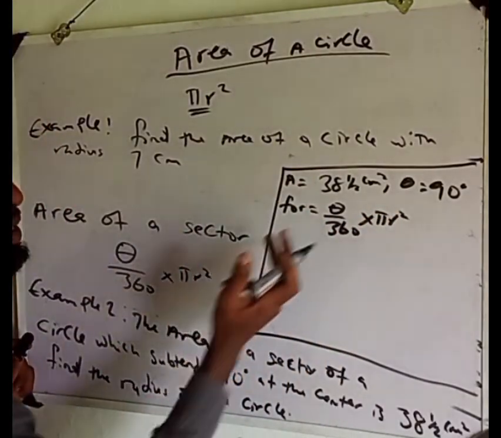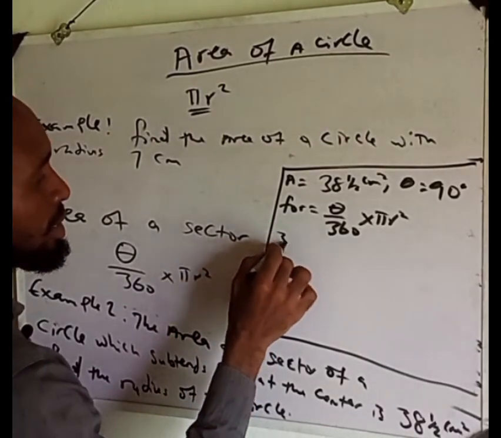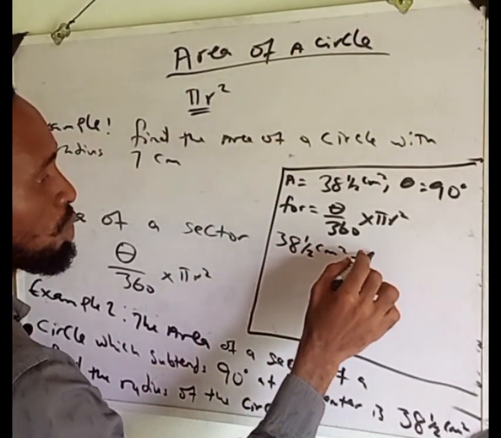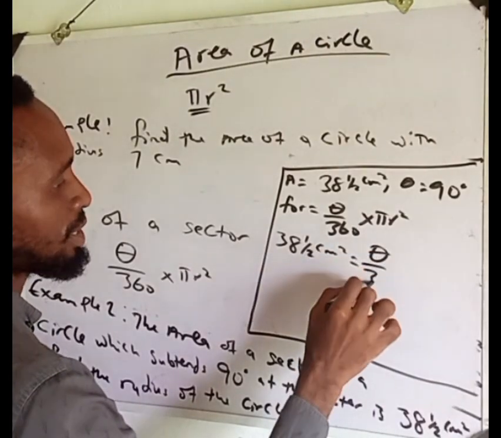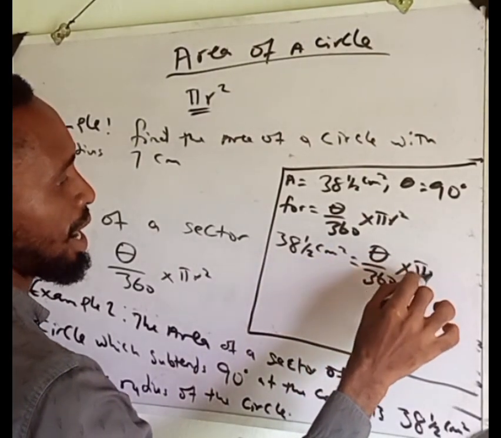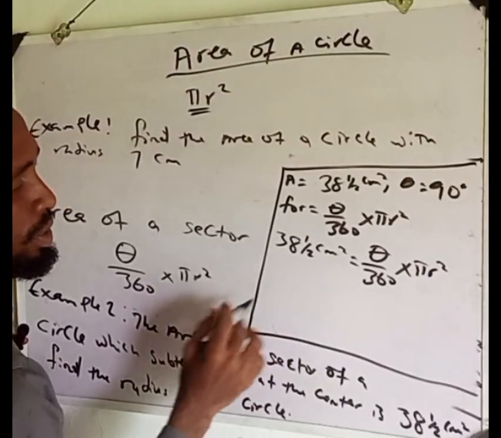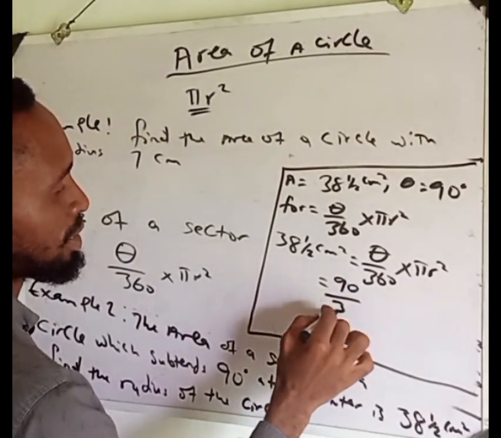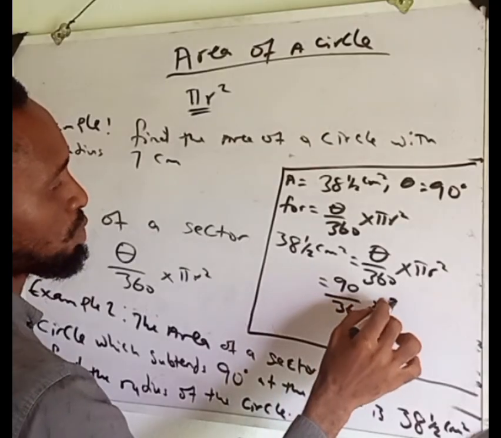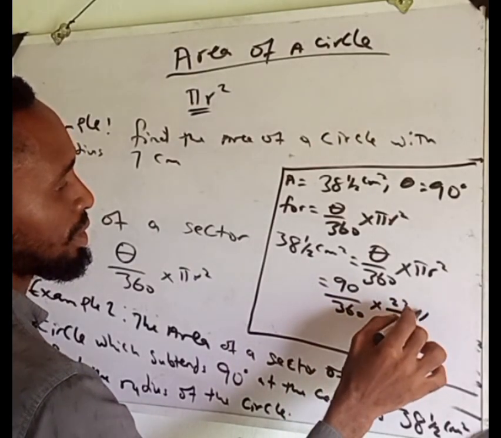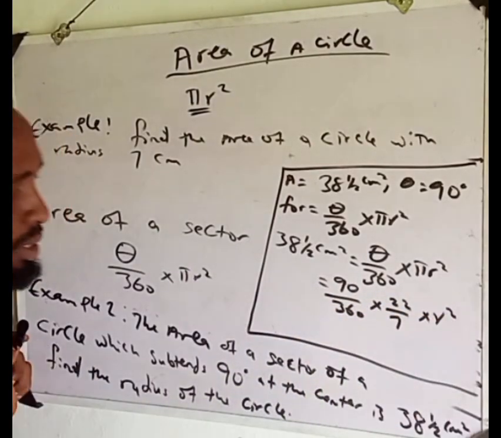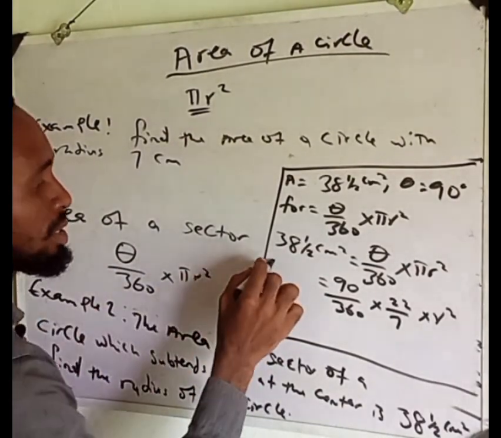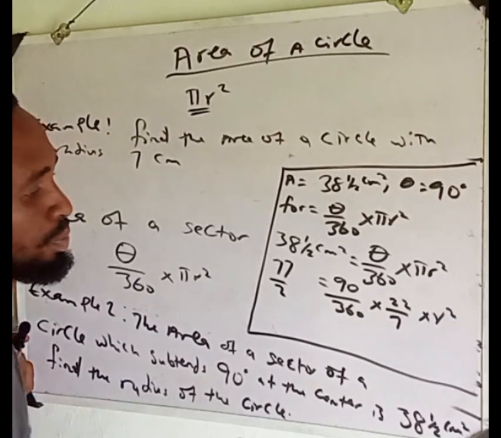So 38 and a half cm squared is equal to 90 over 360 times 22 over 7 times r squared. Is that okay? So remember, this 38 and a half is the same thing as 77 over 2, right?